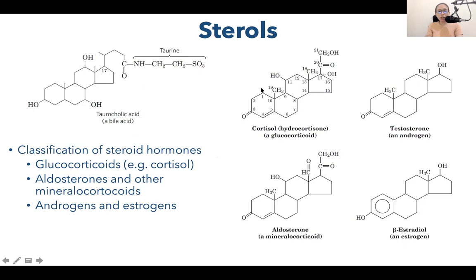So, anong ginagawa ng mga to? So, kapag glucocorticoid siya, this hormone helps in regulating the metabolism of your proteins, your lipids, and your carbohydrates. Aside from that, it also helps in inflammation, etc. Yun yung main function ng glucocorticoids. Si cortisol, ano nga ba yung si cortisol?